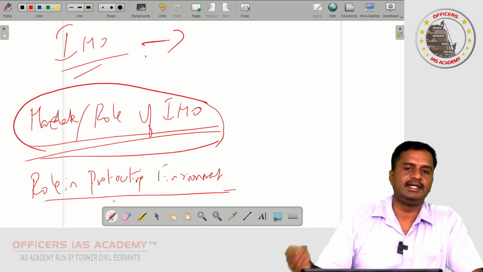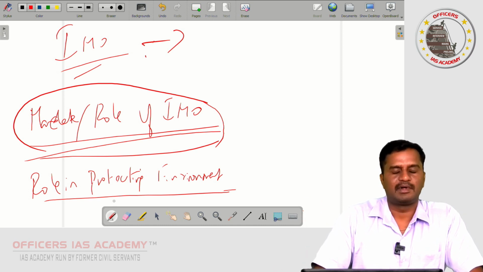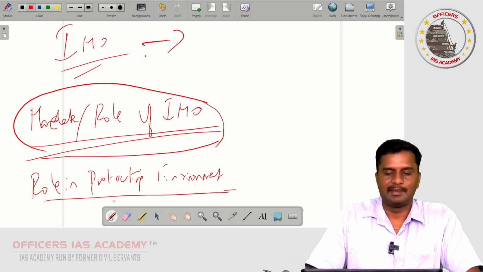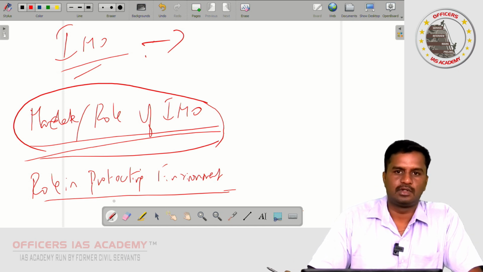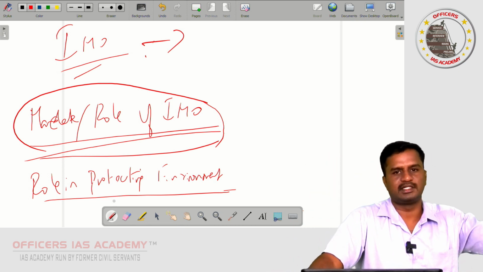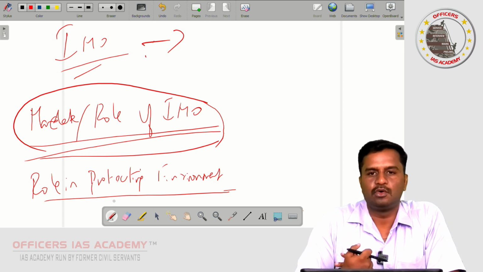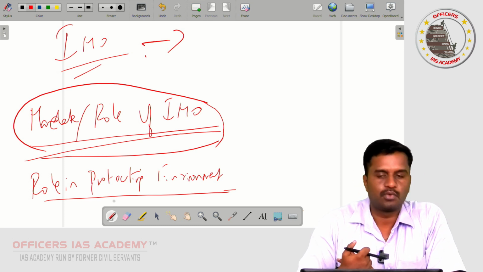You can probably add that India can play an important role as a regional power and as an emerging superpower with respect to IMO, right. So, these are the points that you can manage and write in mains. If a person writes 7 to 8 good points, it is enough as far as this question is concerned.